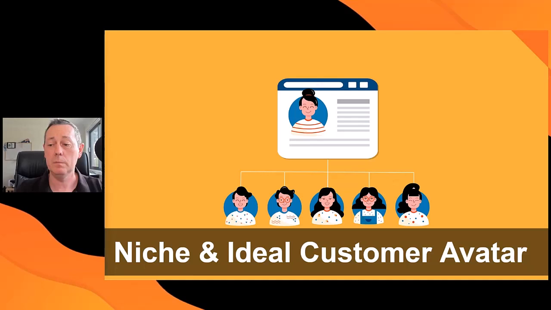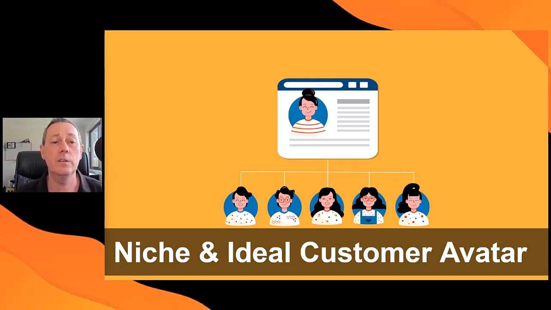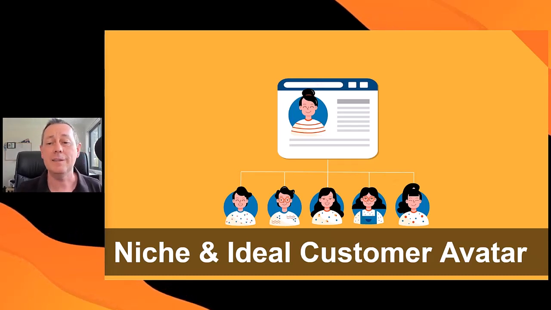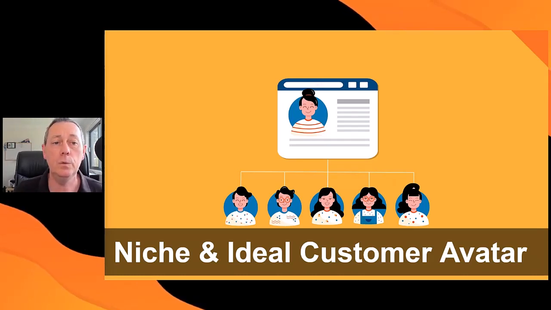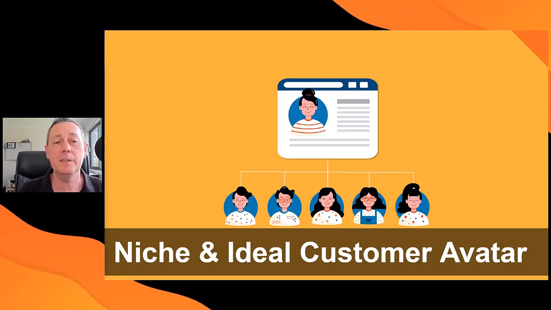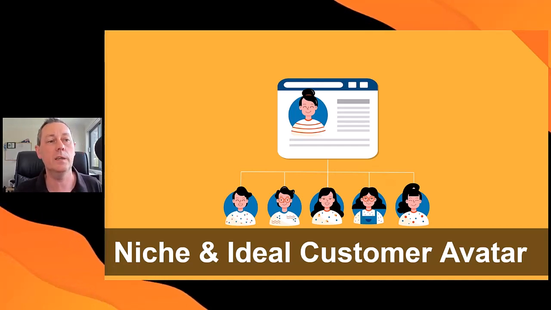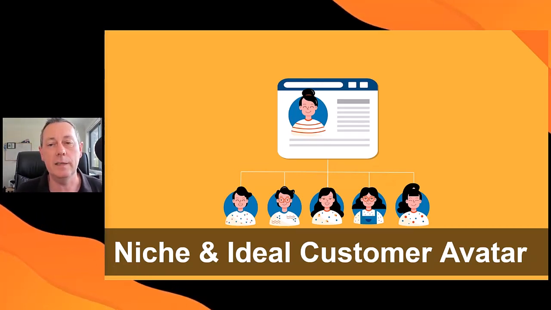But before you write any content on your website, you should define your niche and your ideal customer avatar. Now, it's kind of difficult to rank a website for everything, like a jack of all trades. So picking a specific niche is definitely the way to go. A niche is just a specialization part of a target market. So maybe you're in the dentist industry.